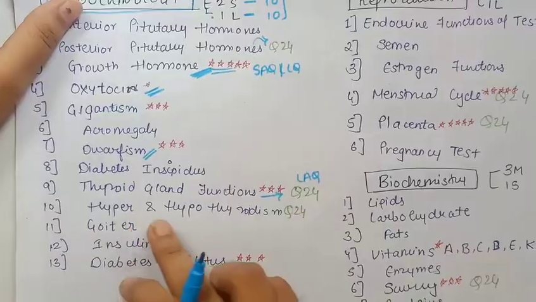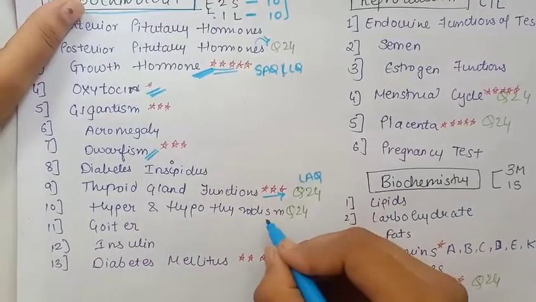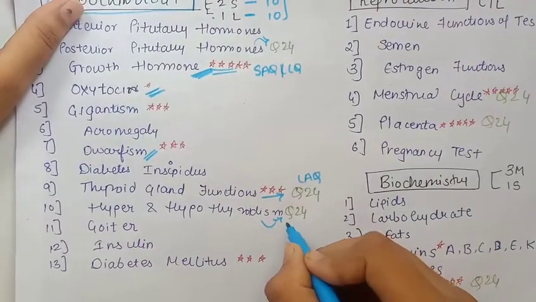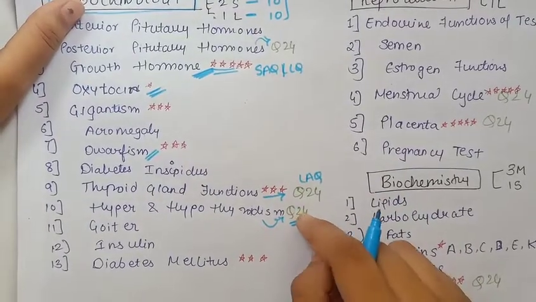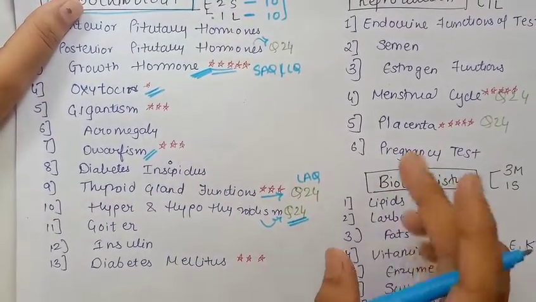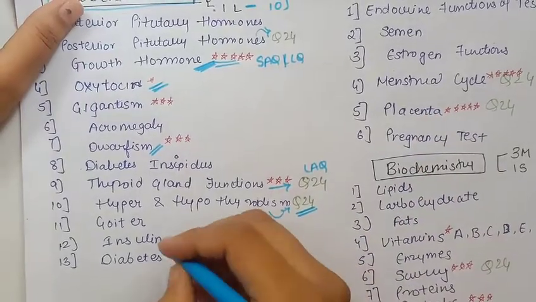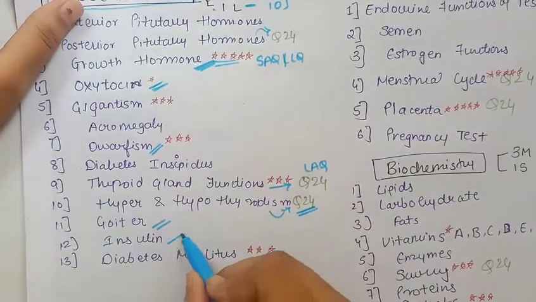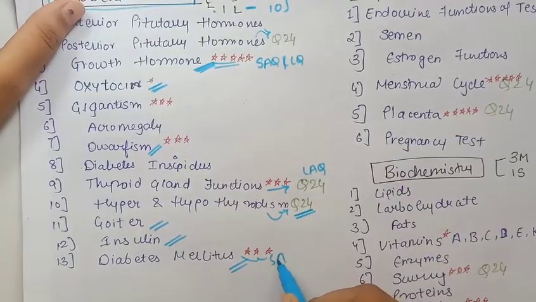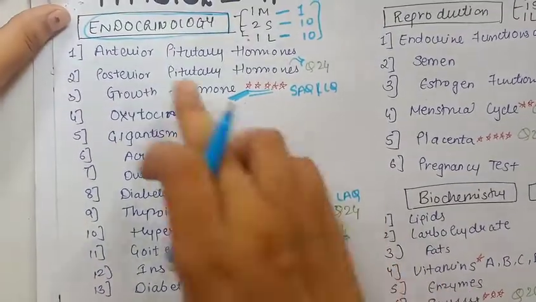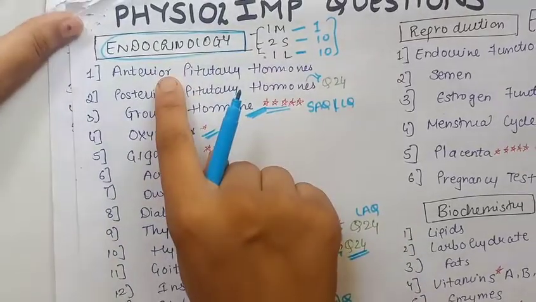Then hyper and hypothyroidism, which is important, and it was asked in 2024 with another name called Graves' disease. So you should also know the synonym of that. Then goiter is important, and insulin and diabetes mellitus. It is again very much important. It can be asked for SAQ. So these are the important questions from endocrinology.